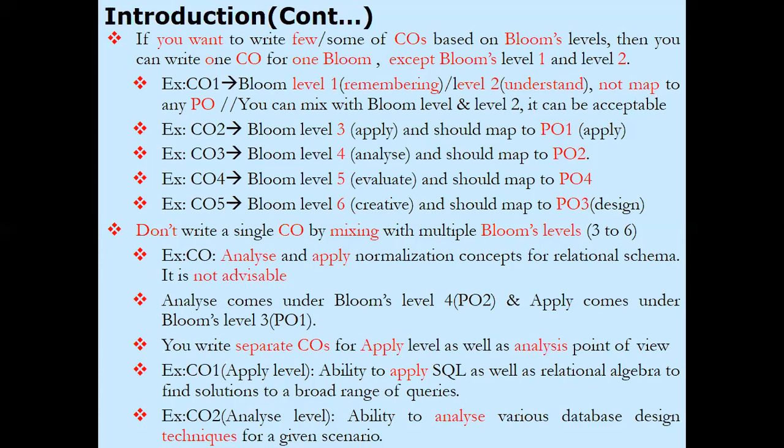This type of CO is not acceptable because here analyze comes under Bloom's level 4, which from the MBA point of view we will call PO2, and apply level comes under Bloom's level 3, in the sense it comes under PO1 from the MBA point of view. Here you can write a separate CO for the apply level.